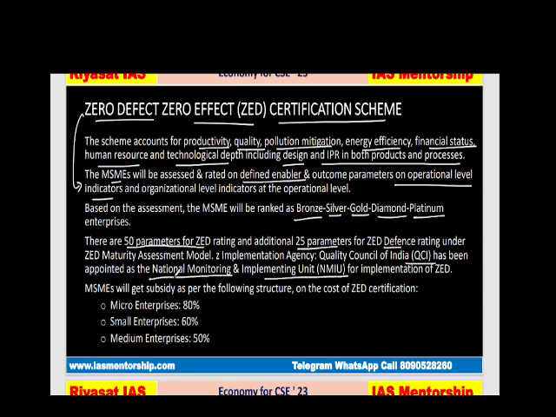Clear? Basically, subsidy will also be given to MSMEs as per the following structure: 80% subsidy to micro enterprises, 60% to small, and 50% to medium.